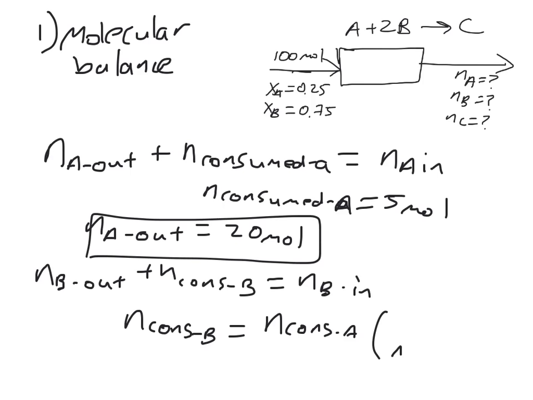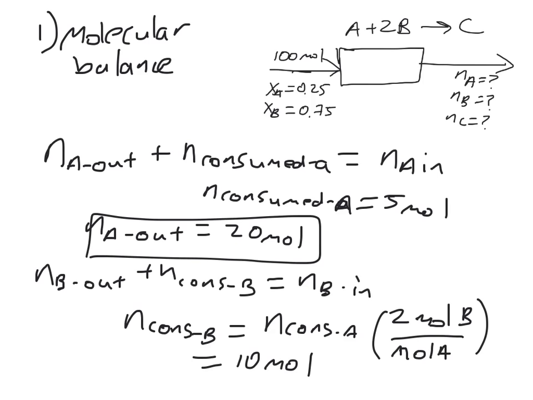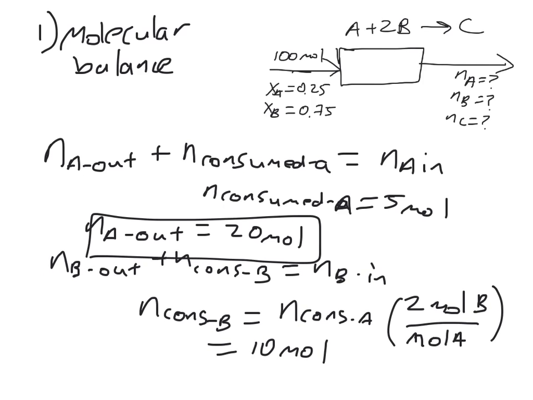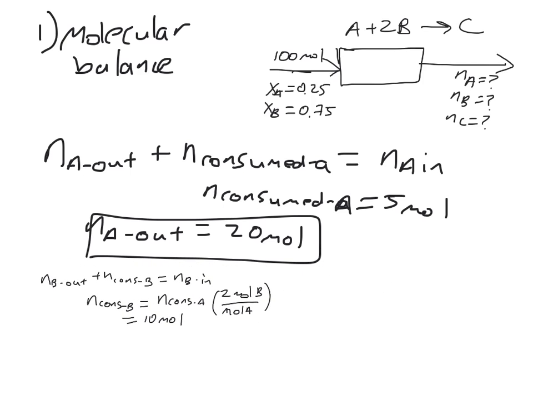In that case, 1 mole of A, 2 moles B. So the amount of consumed B is simply going to be this number here, 5 moles multiplied by 2, which is going to be equal to 10 moles. So that's how much B is consumed, and then we can go ahead and plug it into the material balance equation here.